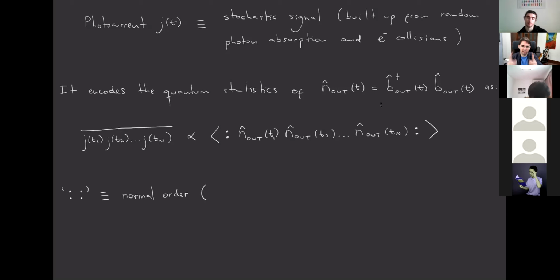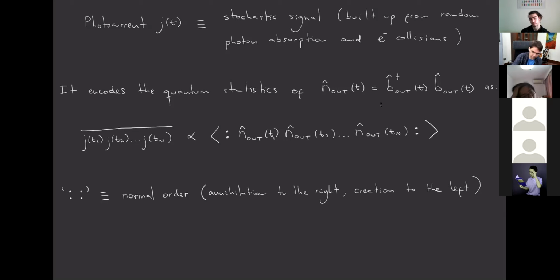You just literally, if I give you A dagger, you just change it to A dagger A. And so I remind you that normal order means that annihilation operators to the right and creation operators to the left. So I will give you one example in a second, okay?